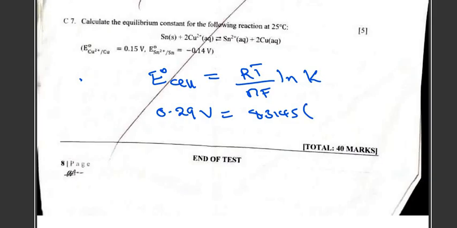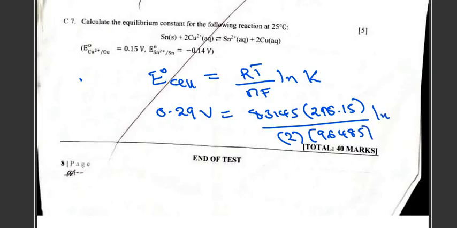Then the temperature is 25, so we're adding 25 plus 273.15, which is 298.15. The number of electrons, if you just look at this, is 2. The Faraday's constant is 96485.